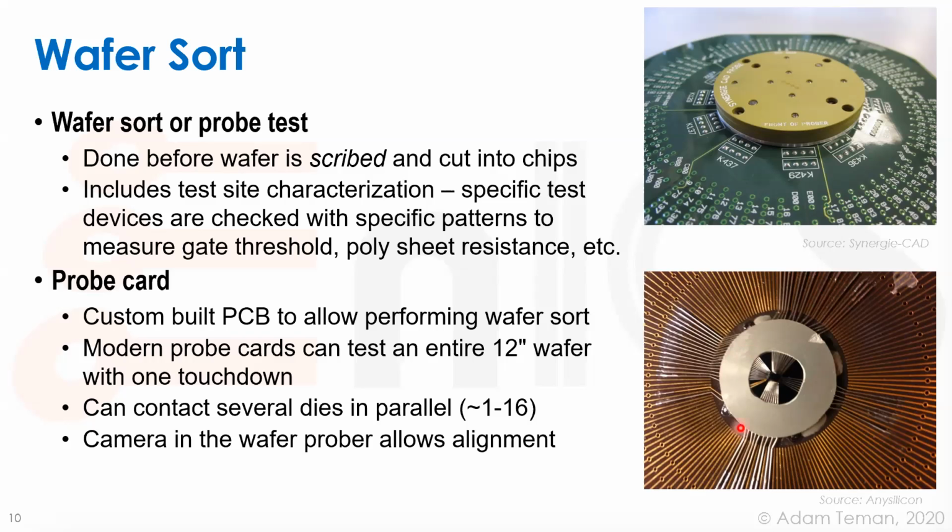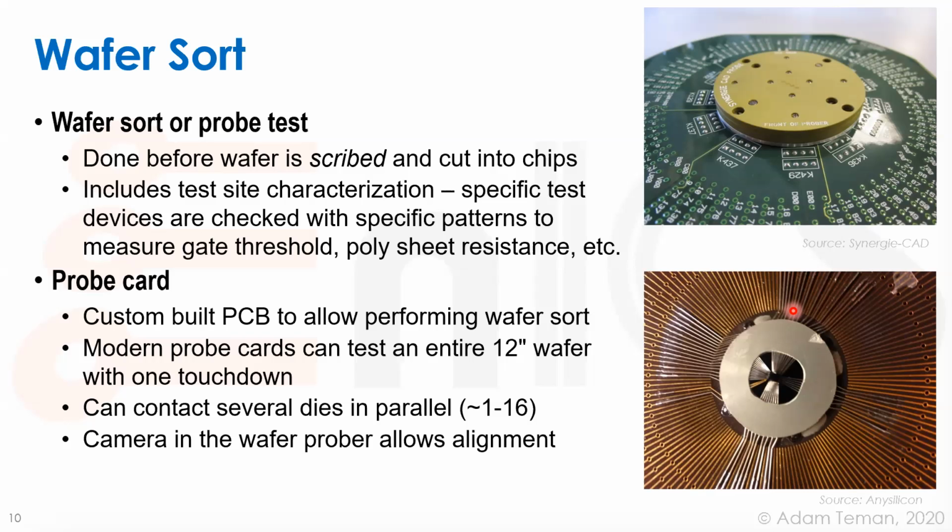Inside, if you look at it, one of the ways that they make it is what they call cantilever pins. They have these mini pins that in the end touch the pads on the chip itself. One of these can either touch one chip and test one chip, but you can make them so they test up to about 16 chips at once. The probe card goes down usually now on a 12-inch wafer, and then this thing moves between the dies on the wafer.